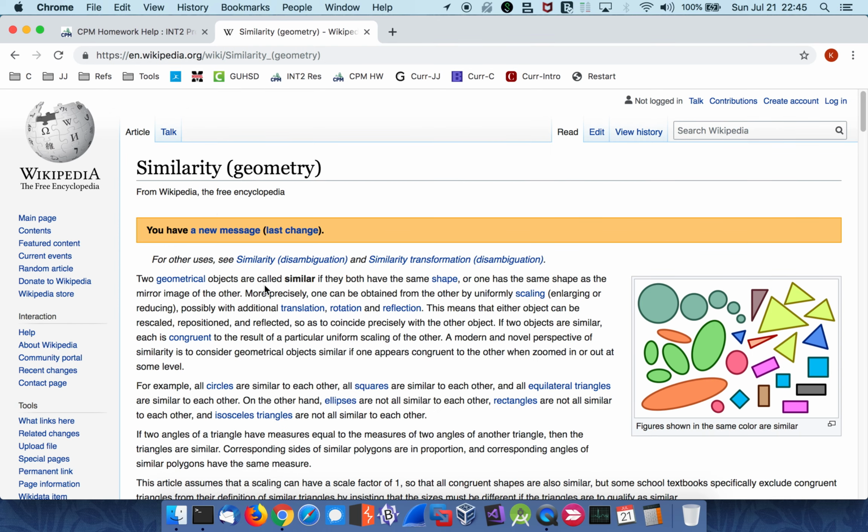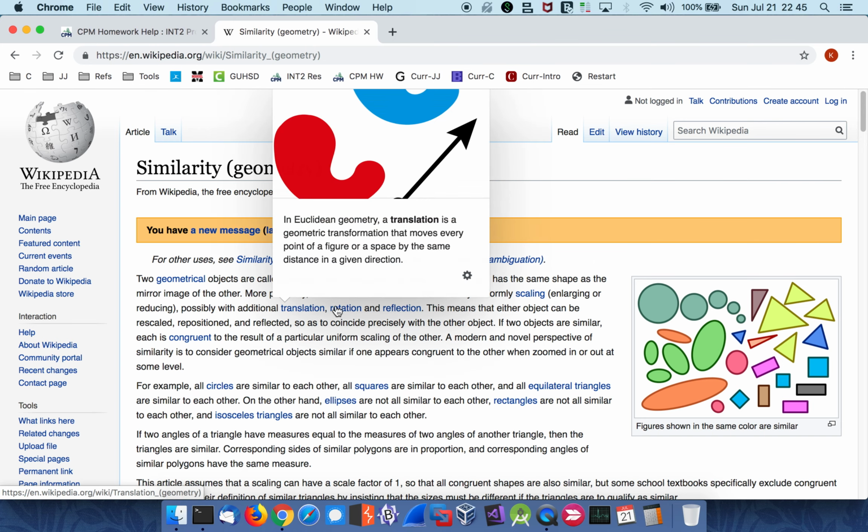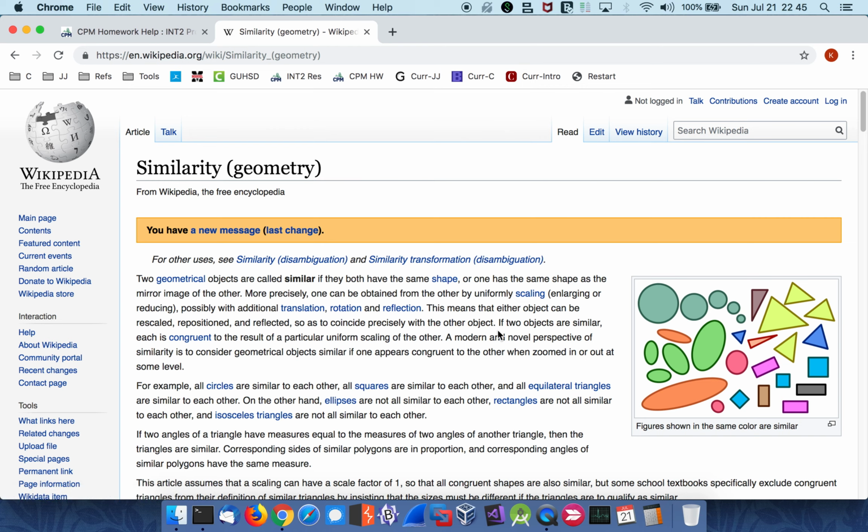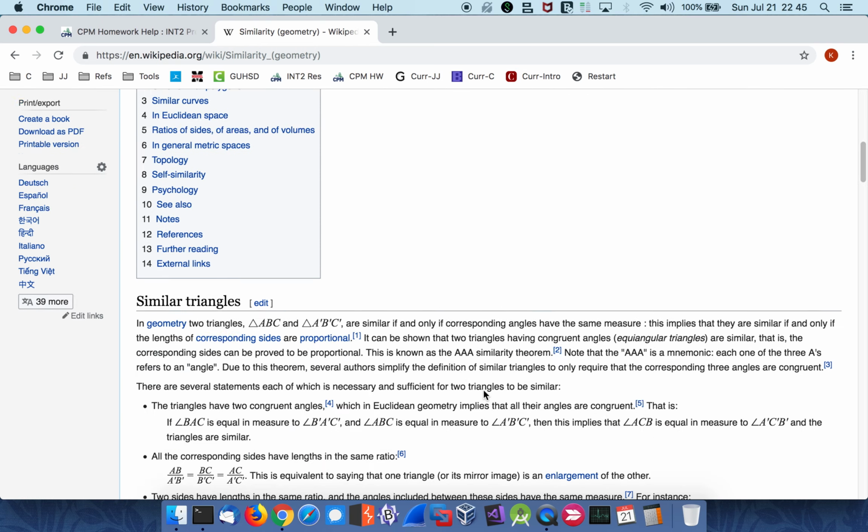Two geometrical objects are called similar if they both have the same shape, or one has the same shape as the mirror image of the other. More precisely, one can be obtained from the other by uniformly scaling, enlarging or reducing, possibly with additional translation, rotation, and reflection. So, if two objects are similar, each is congruent to the result of a particular uniform scaling of the other.